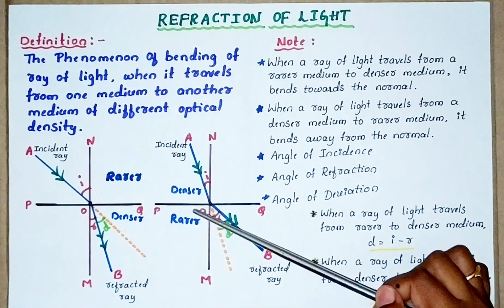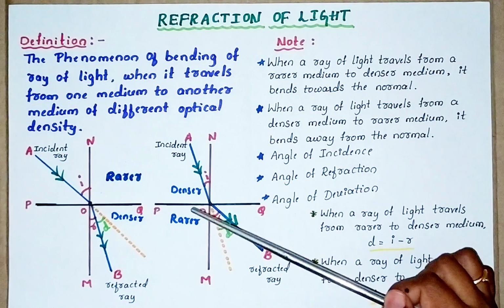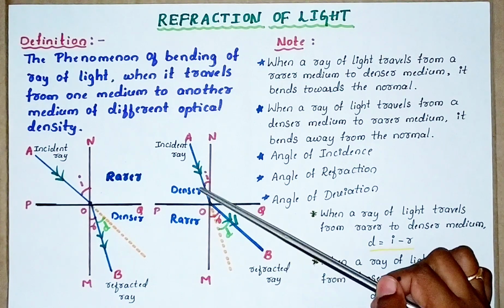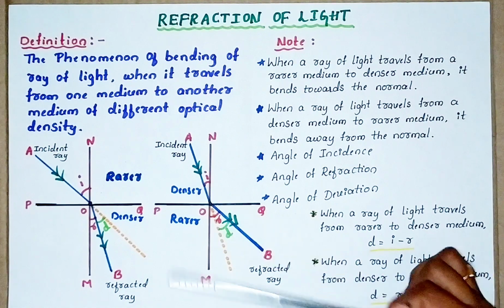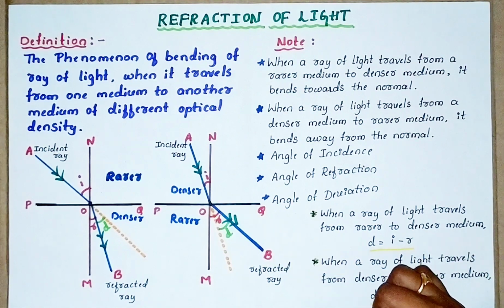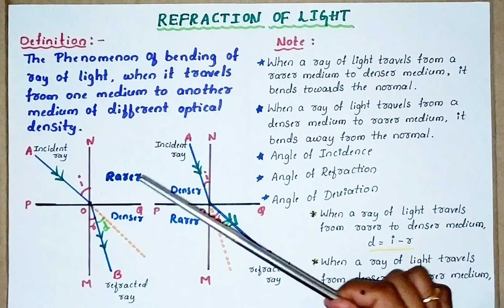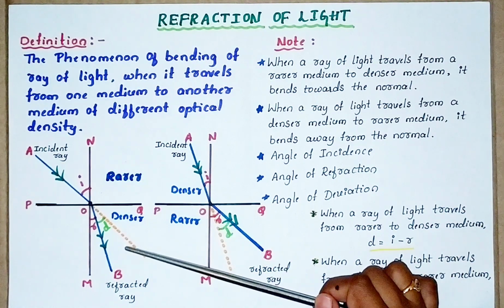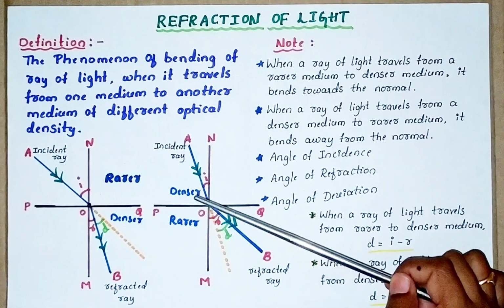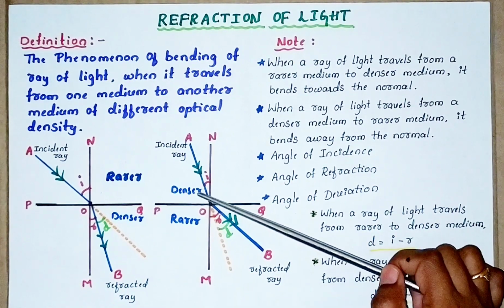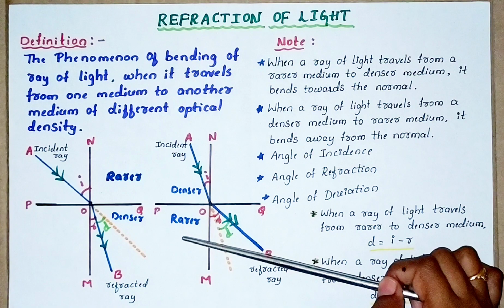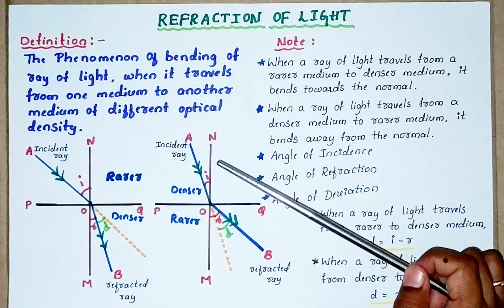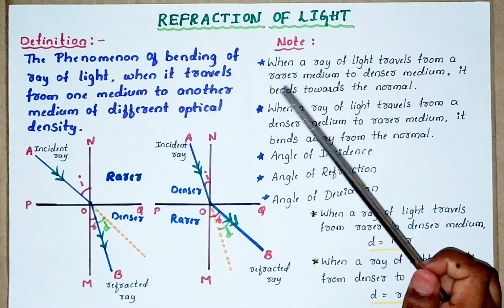In the second diagram, the ray of light is traveling from denser medium to rarer medium, or high density medium to low density medium. I already told you, when light is traveling from low density to high density, the speed of light decreases. Similarly, when light is traveling from high density medium to low density medium, the speed of light increases. So these 2 points you can remember.